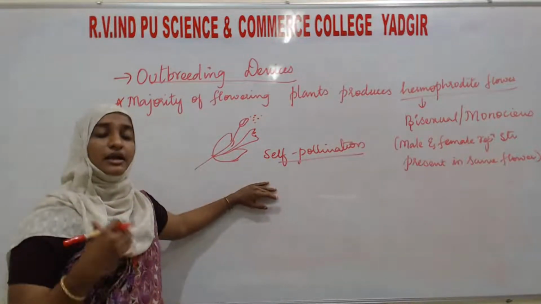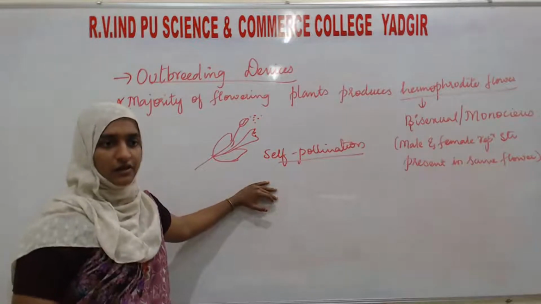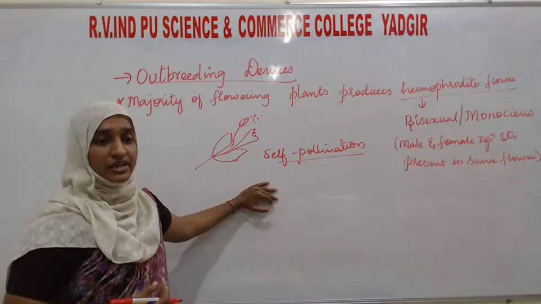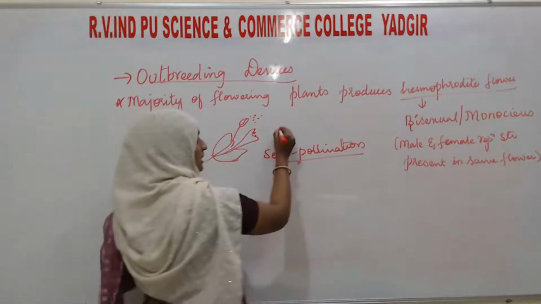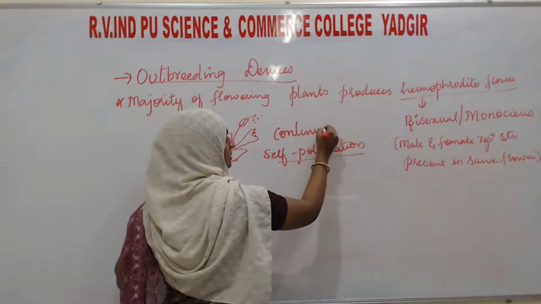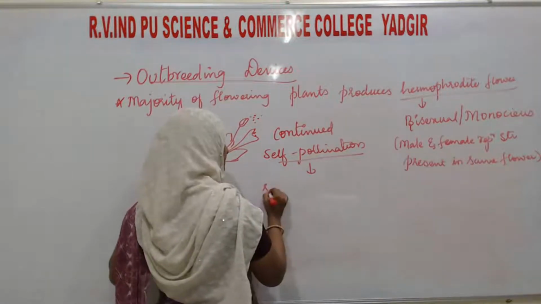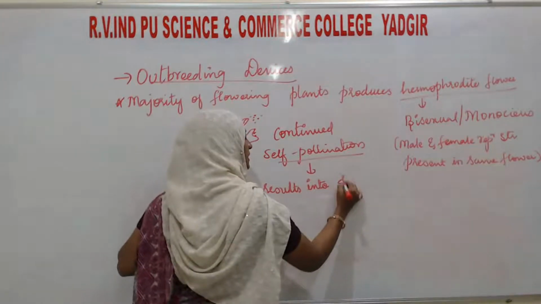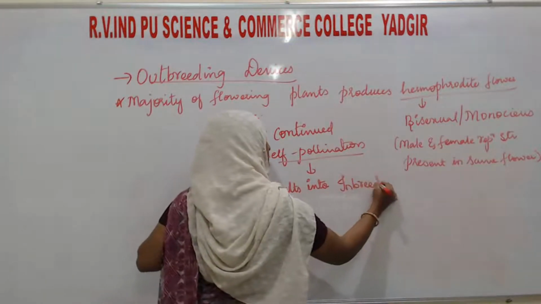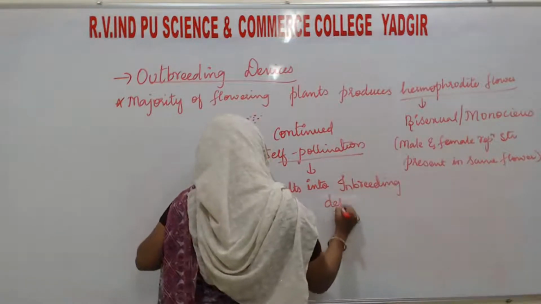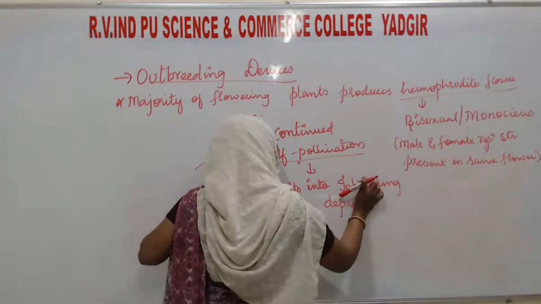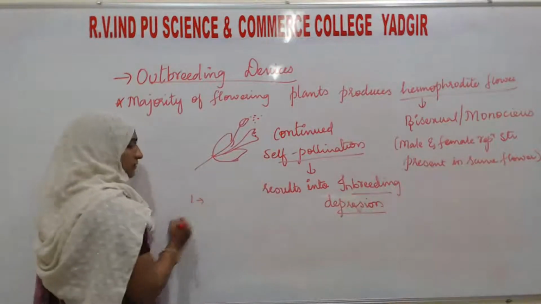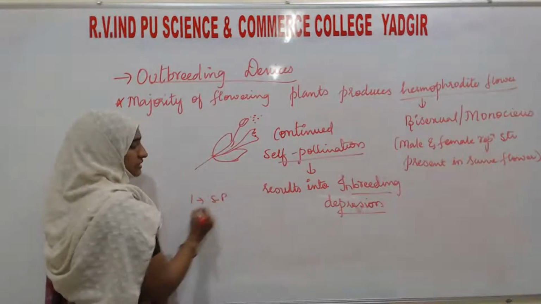If continued self-pollination takes place, inbreeding depression may take place. What do you mean by inbreeding depression? Continued self-pollination results into inbreeding depression. During one generation, self-pollination takes place.